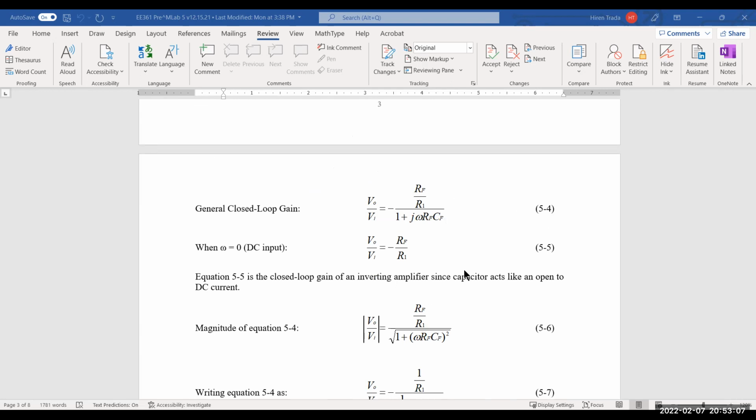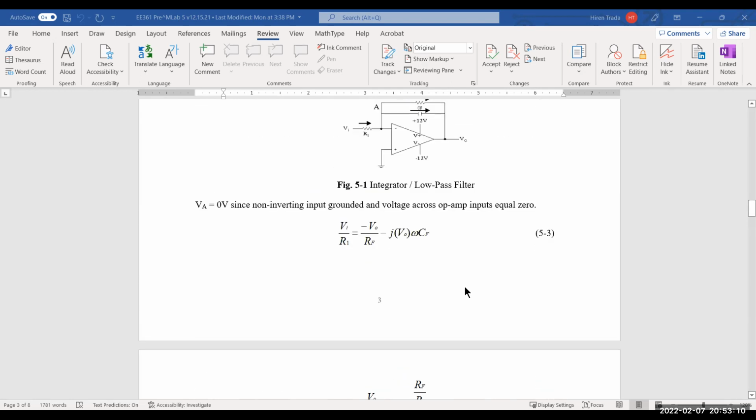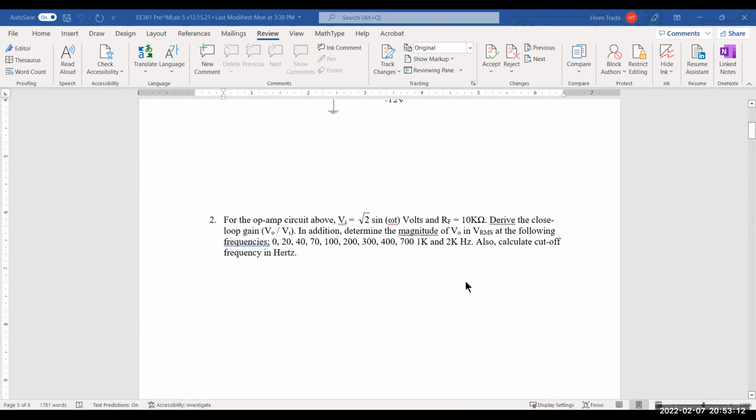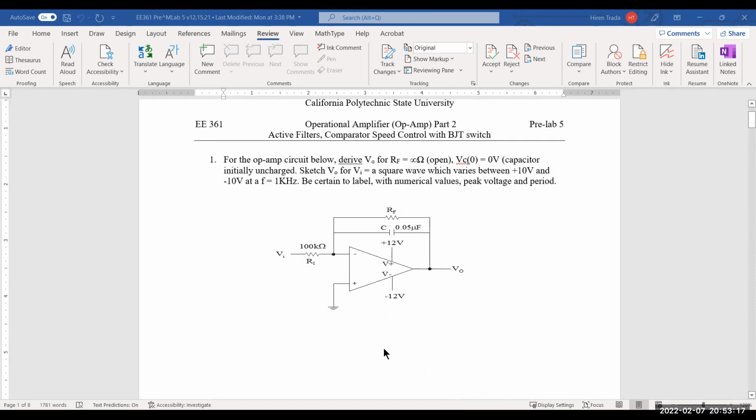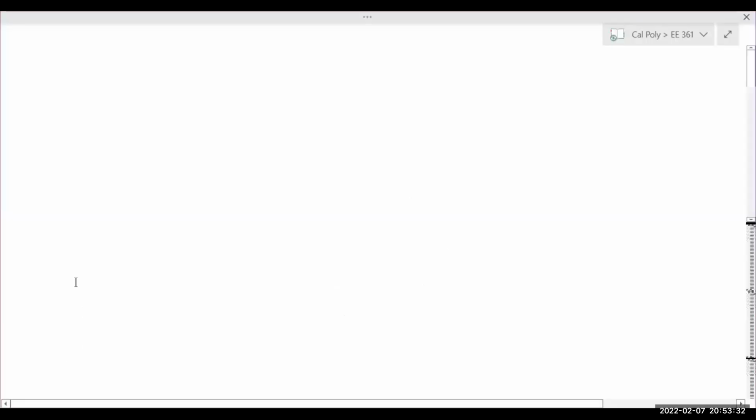Let's go back to the question here. We need to derive VO, or V out, for RF, the feedback resistance, of infinite value.